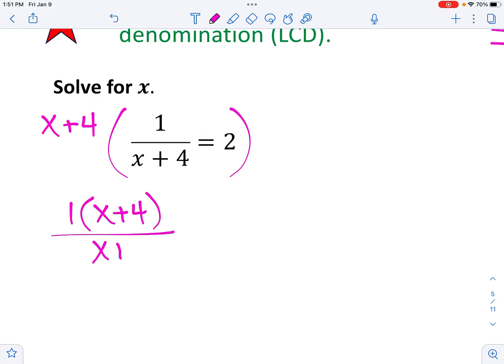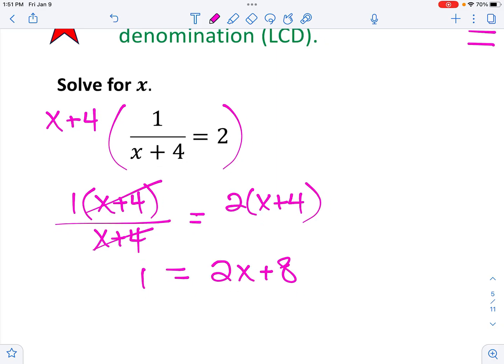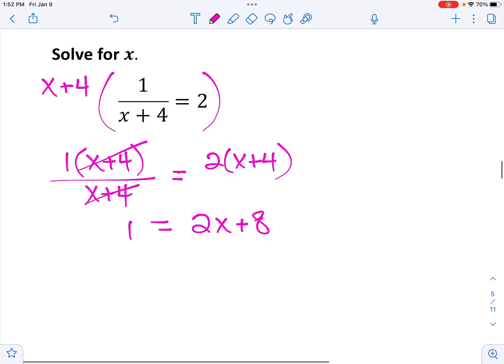So I would really end up with this, and then this. So then these would cancel, right? And I'd be left with 1 equals, and I distribute this out. And now I should be able to solve. So I would subtract 8 from both sides.